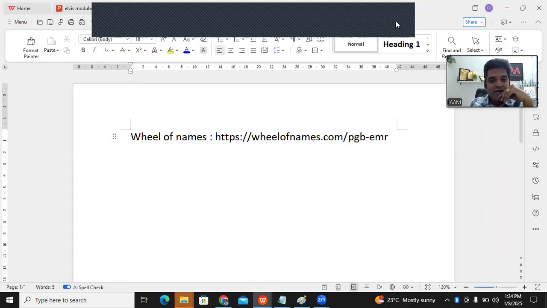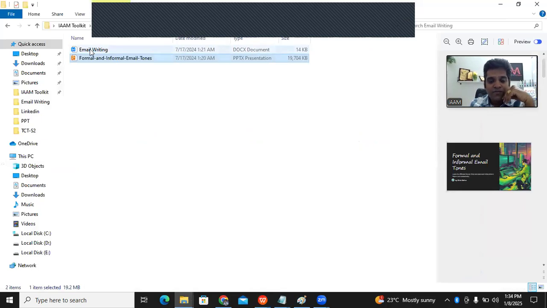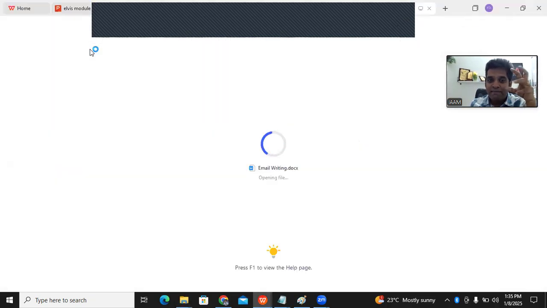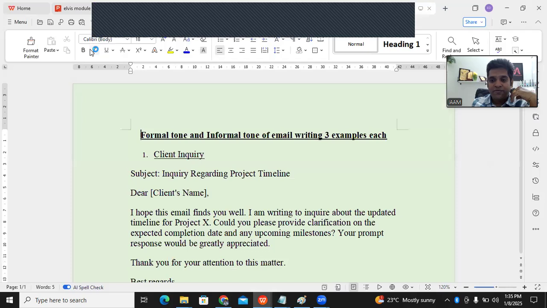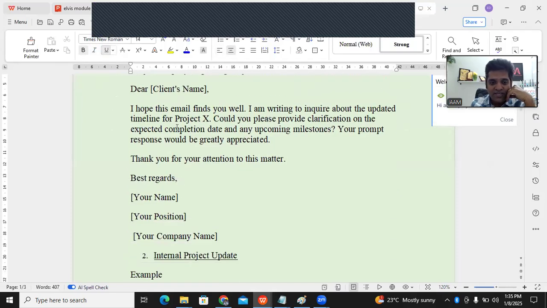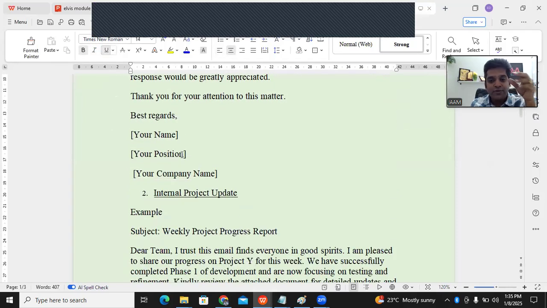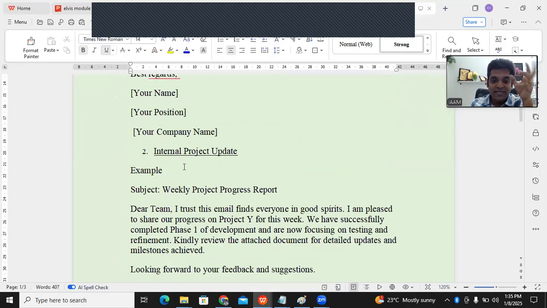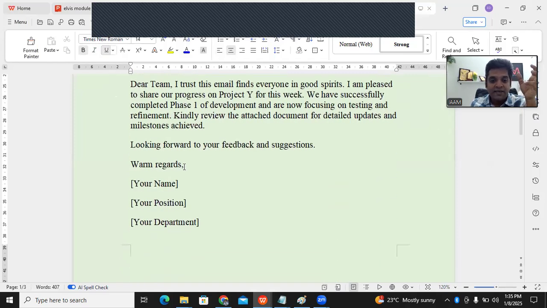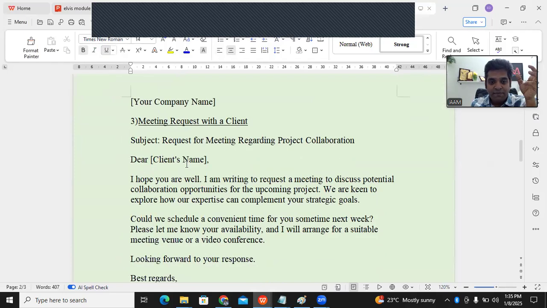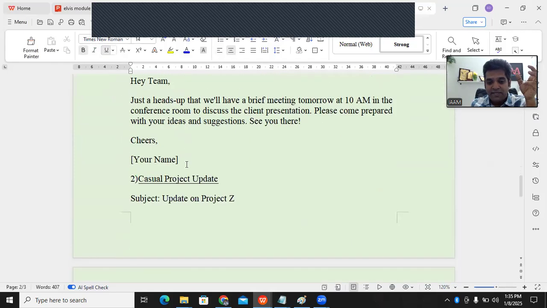Go through this. And along with that, there is a template for different forms of email writing. Yes, formal tone, there is a template here. Check this. Very useful. You can give it to them. They can use it directly, practically. Yes, this is a different template for writing emails.